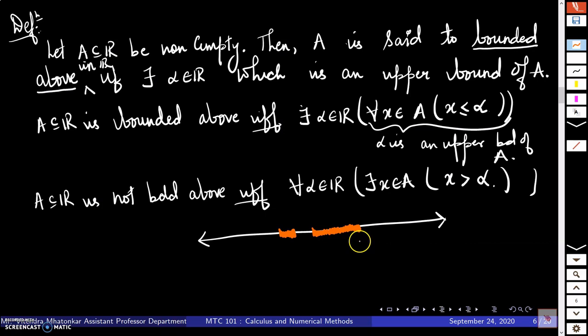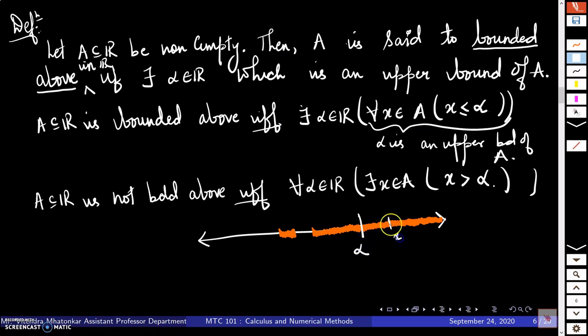So for A to be unbounded, or A is not bounded, the points of A will keep on going this way. Okay, so it will be impossible for you to find an upper bound for the set A. They will keep on moving. So no matter which point here you pick up, if you pick up any alpha here, this alpha will not be an upper bound because there are points of A here.